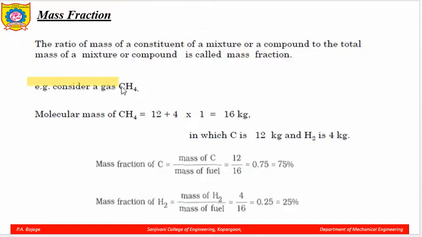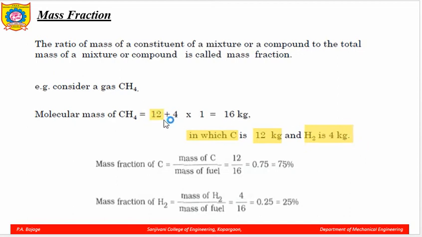Consider the example of CH4. The molecular mass of CH4 is 12 plus 4 into 1, which gives you 16 kgs on a mass basis, in which C is 12 kgs and hydrogen is 4 kgs.